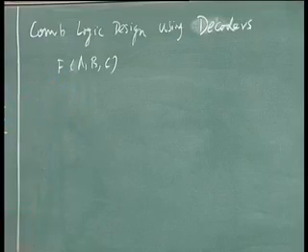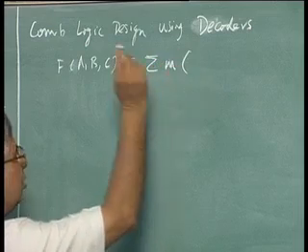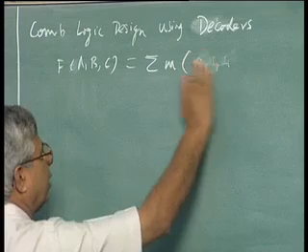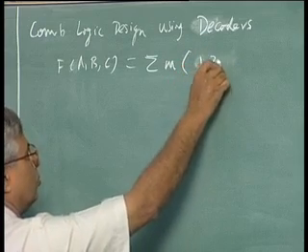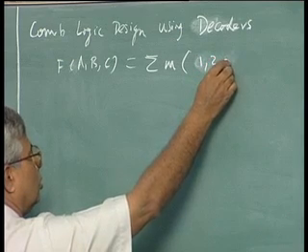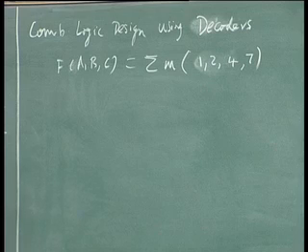F of A, B, C will be equal to sigma, let us say arbitrary, whatever you want, 1, 2, 4, or shall we use the full adder? Tell me what are the minterms, 1, 2, 4 and 7. Is it the sum of the full adder?